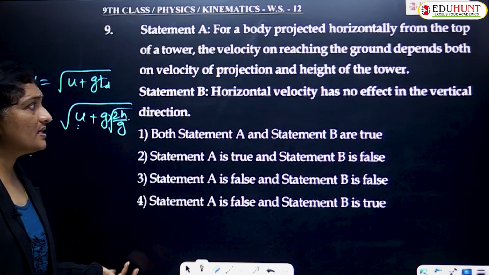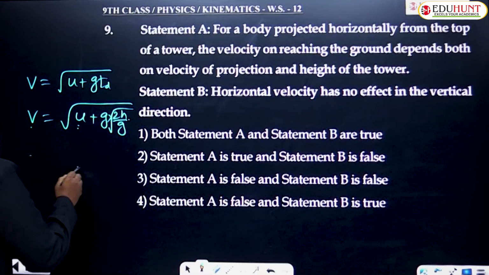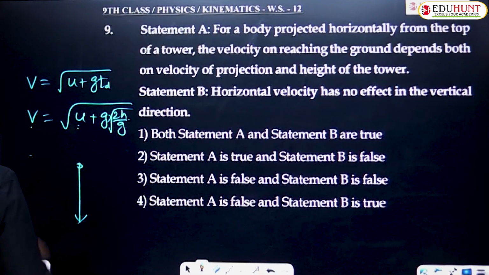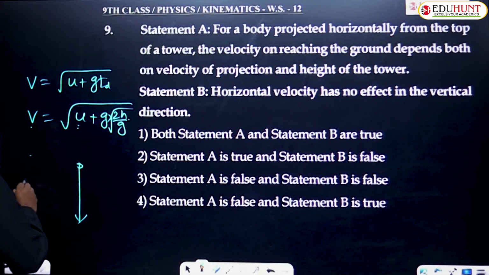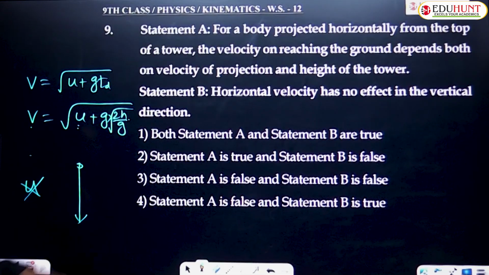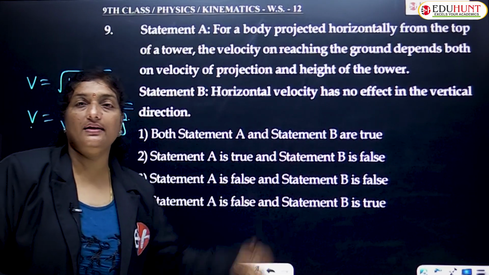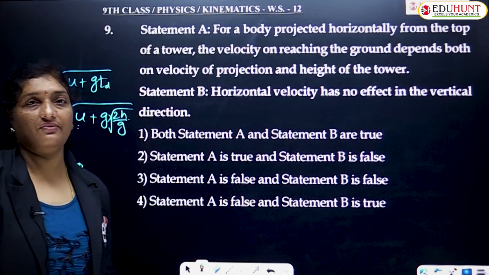Statement B, horizontal velocity has no effect in the vertical direction. Suppose a body is falling simply downwards. So in this downward motion, the horizontal velocity has no effect. Okay, horizontal velocity. So this is the second case which we have already discussed in the previous question. So that is a different statement and here it is a different statement.